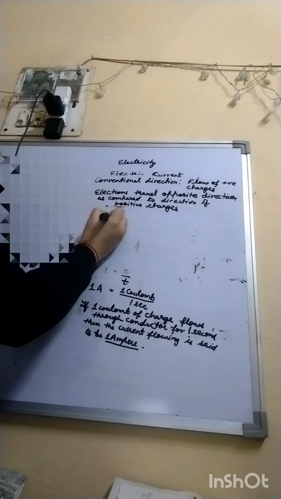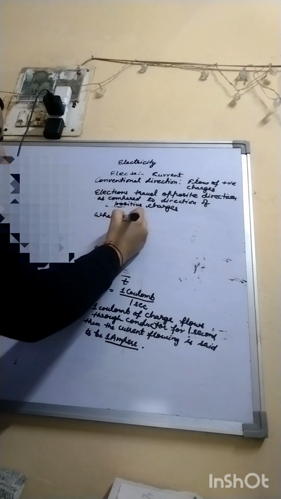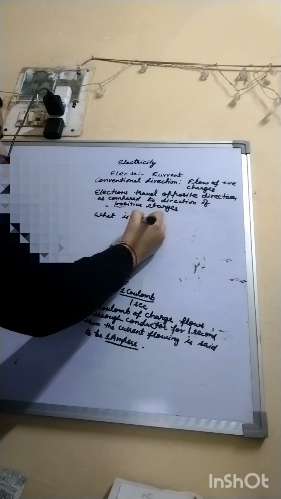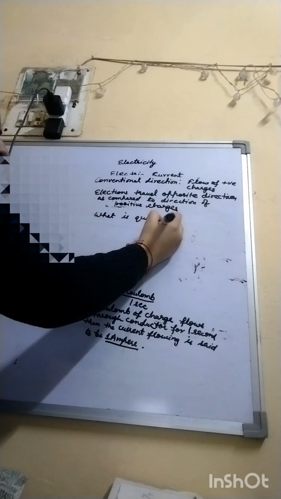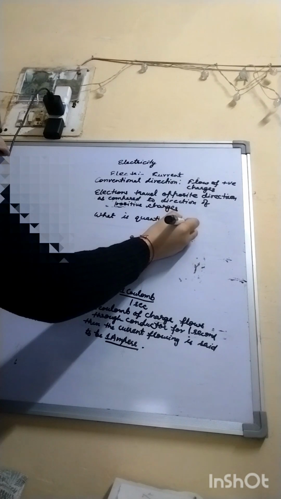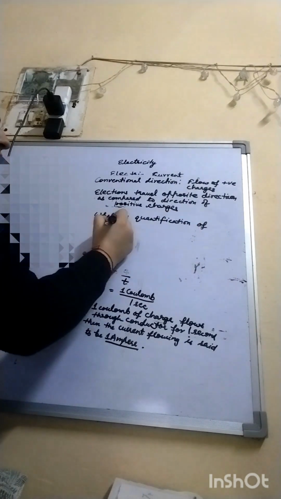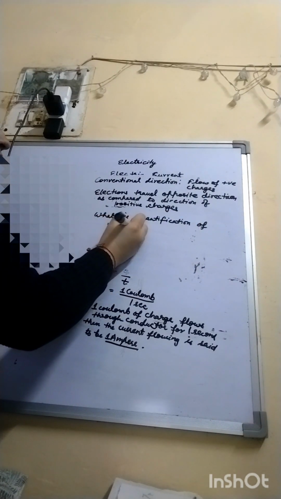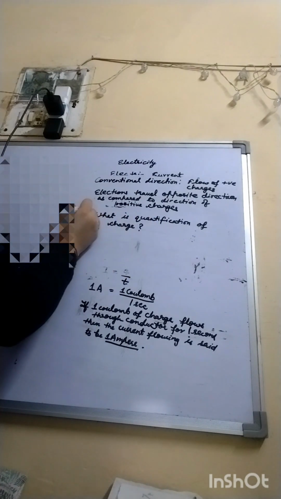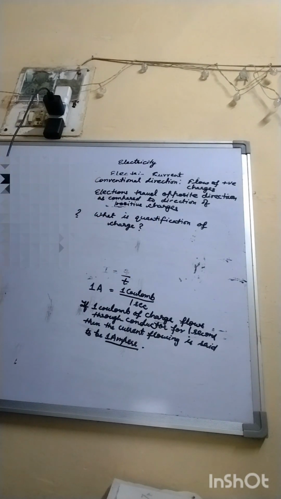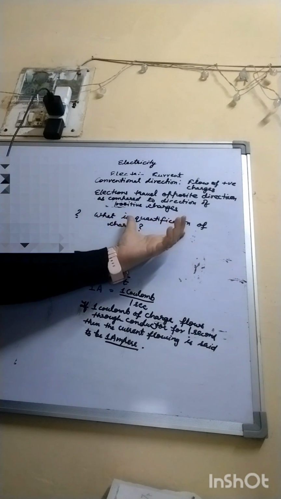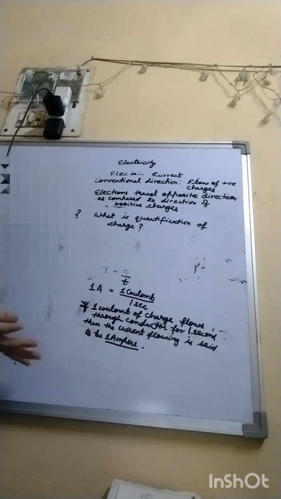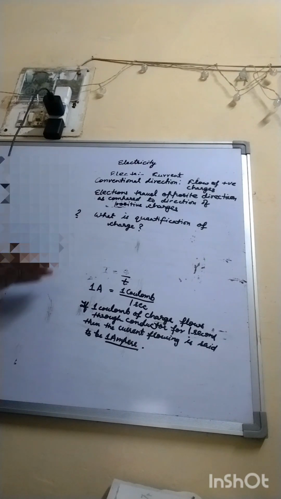Now the question comes, what is quantification of charge? This is the question. What is the quantification of charge? Quantification itself signifies the amount of charge. So how would you calculate the amount of charge that is flowing through the conductor?